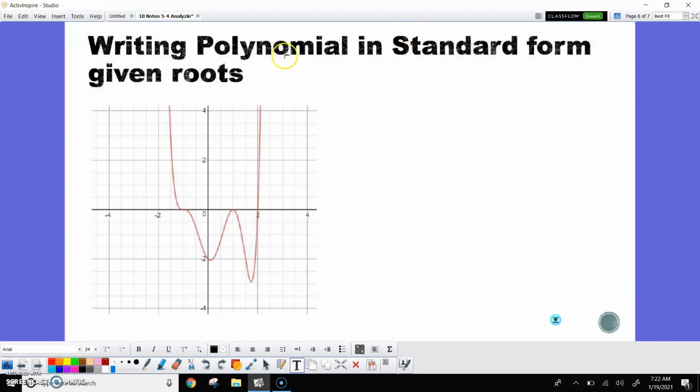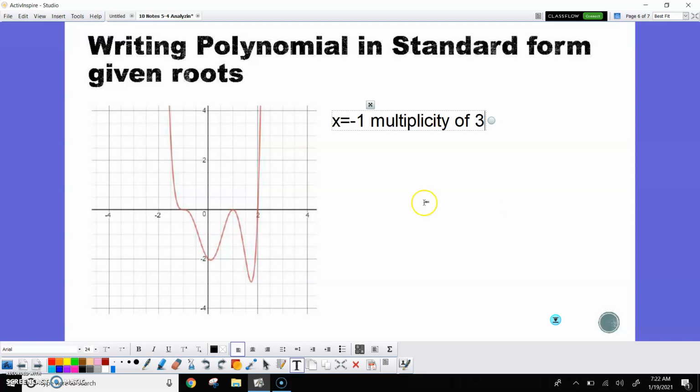So now we're going to write that polynomial given those roots. So we said that first one is x equals -1 with a multiplicity of 3.